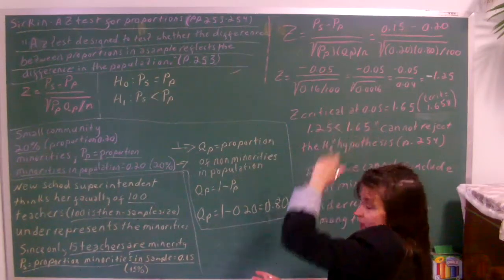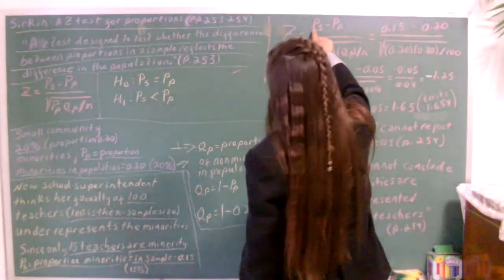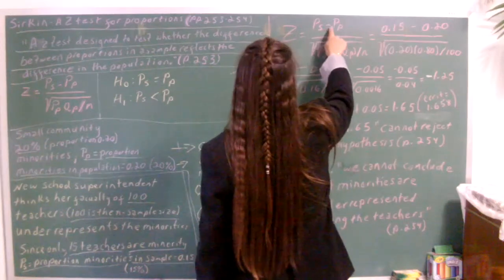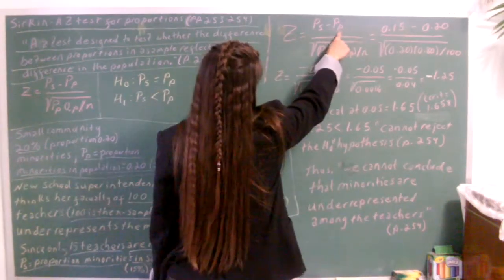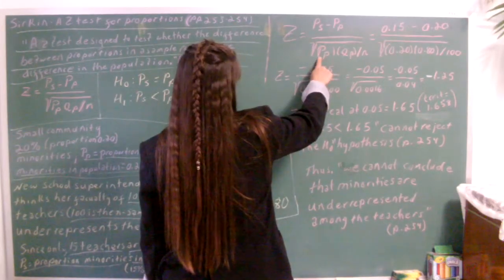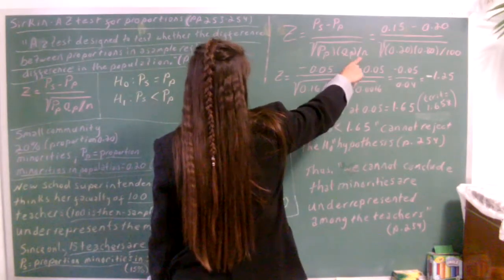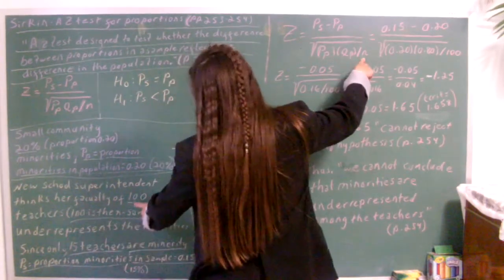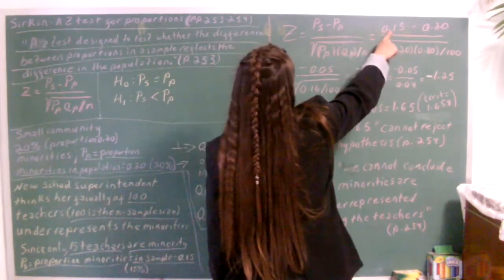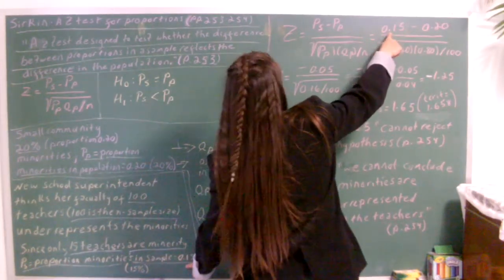We're going to go to our formula now. Z equals the proportion of minorities in the sample minus the proportion of minorities in the population, p subscript p, divided by the square root of the proportion of minorities in the population times the proportion of non-minorities in the population, divided by our sample size, which we know is 100 teachers. So we plug the numbers in. The p subscript s, the sample, is 0.15.